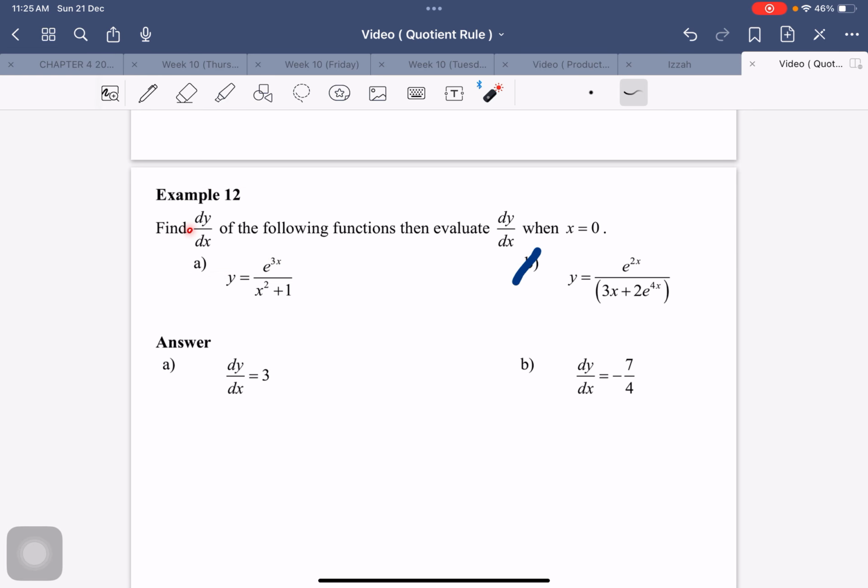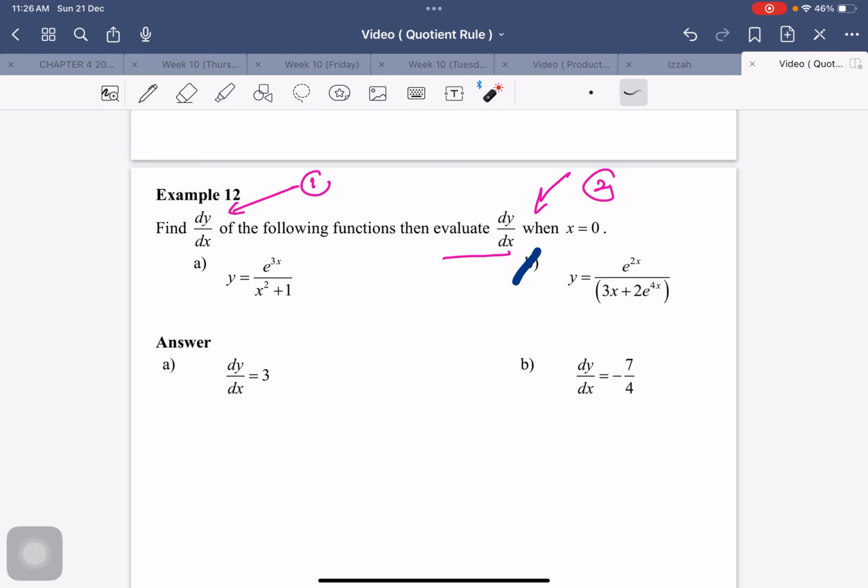Find dy dx, then evaluate dy dx when x is equals to 0. So you ada dua task dekat sini. The first one adalah you have to find dy dx, and you have to evaluate dy dx when you have a condition.